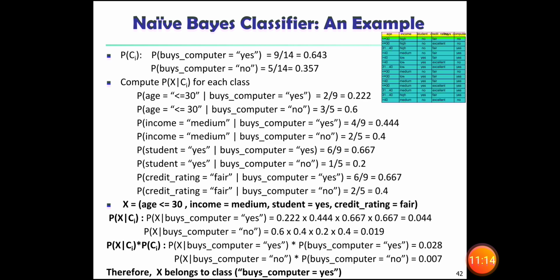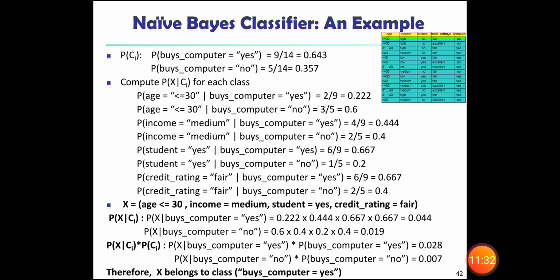The same way for status no also. Here P of X given buys computer equal to no into P of buys computer equal to no, which we already calculated in the beginning of this slide.